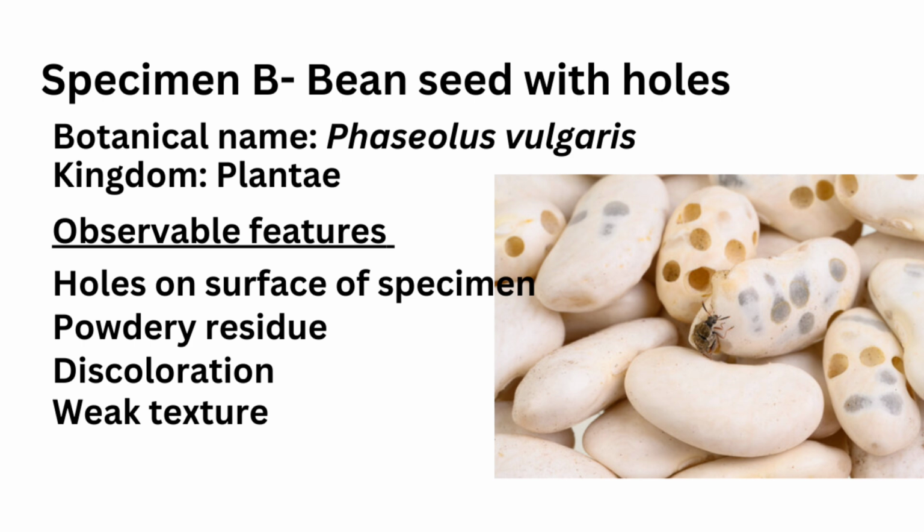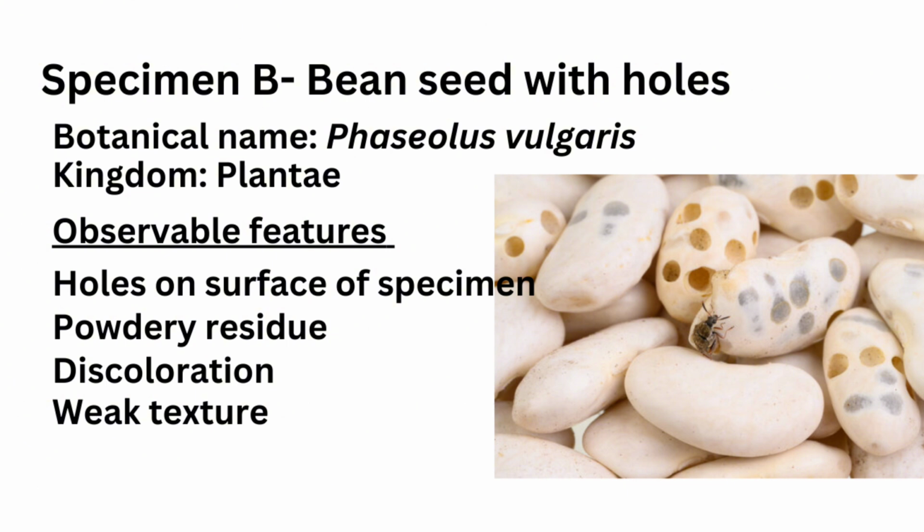Okay, there are holes. Secondly, obviously there will be powdery residue. So you see things like powder. So when you touch the specimen, you feel powdery substances. Okay. Now you can find discoloration from white to maybe black or brown as a result of the infestation. You can also find weak texture. The bean can become very weak.